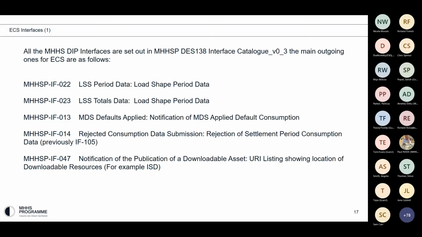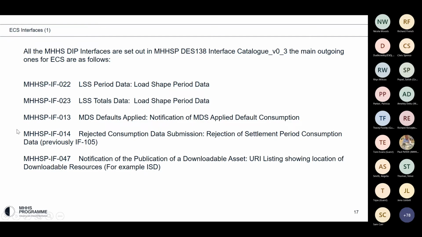There's the interface IF013, which notifies back to data services and potentially suppliers where defaulting has been applied. There's IF14, which I believe I already mentioned, which is any rejected consumption data following those validation checks on ingestion of the data into Electron Central Systems.